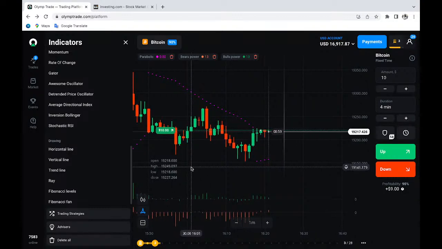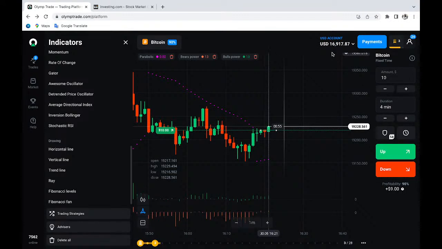Second thing, after the center, the right side, where you will get a lot of the major things. First, your trade amount, USD account or whatever you are using, demo account, or another currency account. Second, payments: if you want to make a deposit, it will show you here.